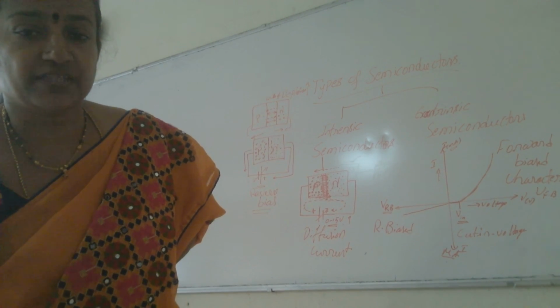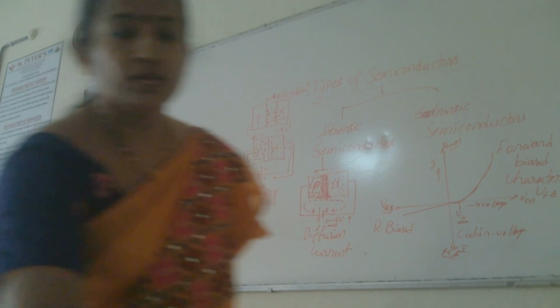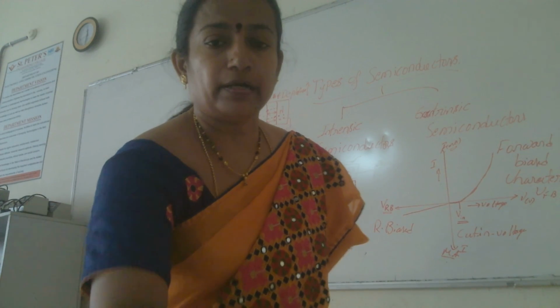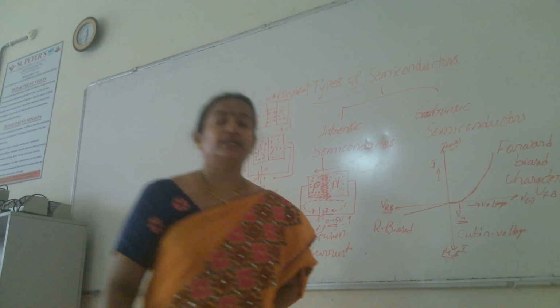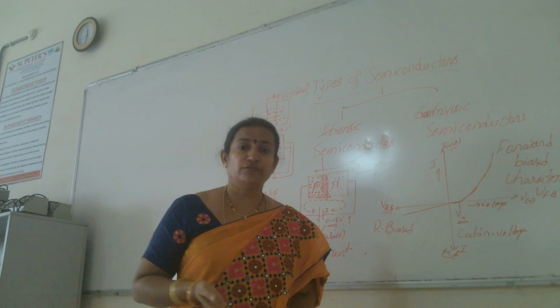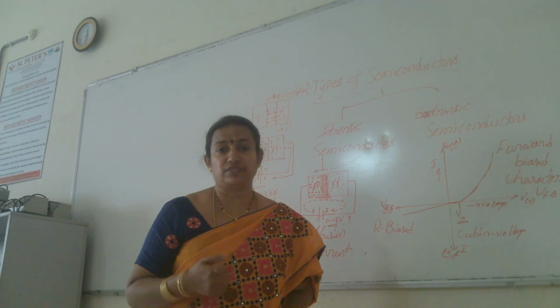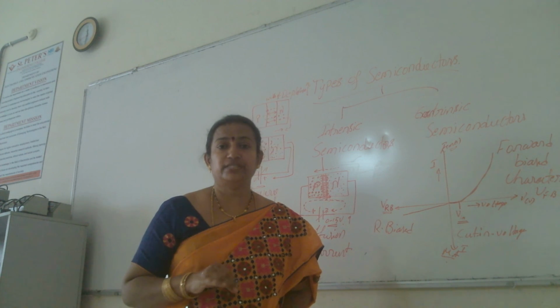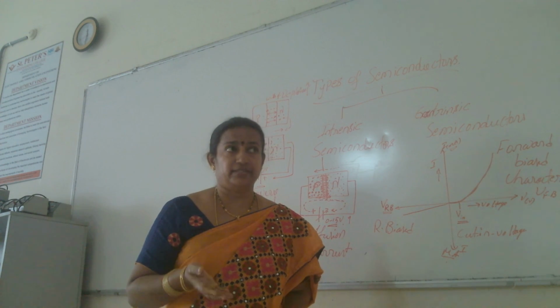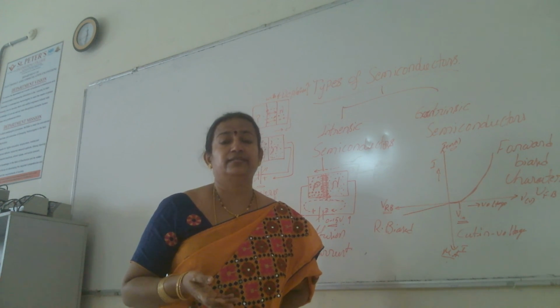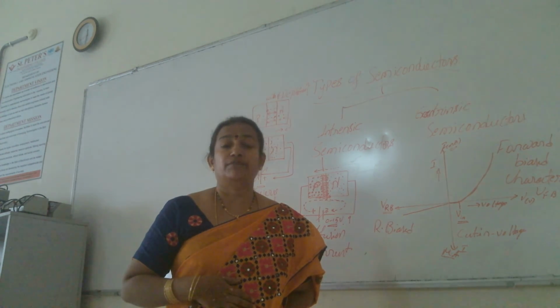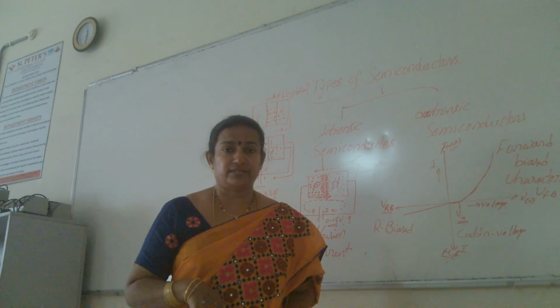This brief introduction regarding the basic objectives of this course as well as outcomes of this course we completed in today's class, and we'll continue in the next class with the other components and their characteristics. Thank you.